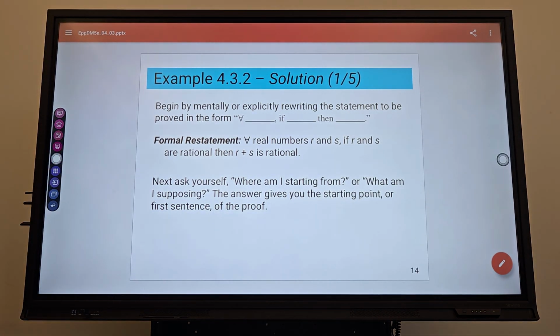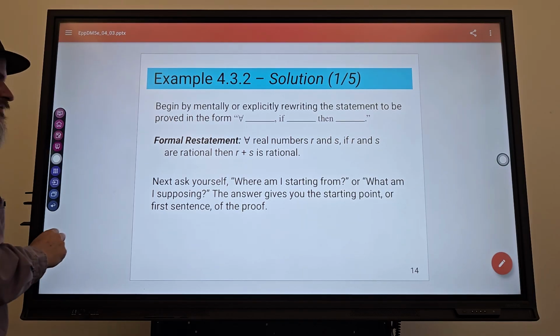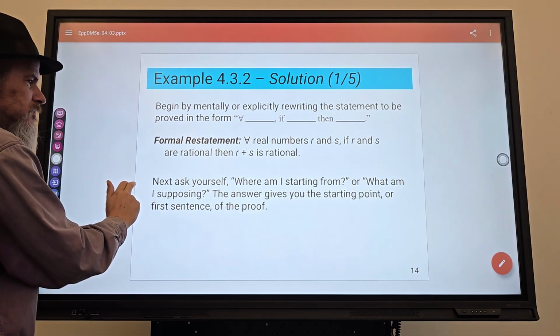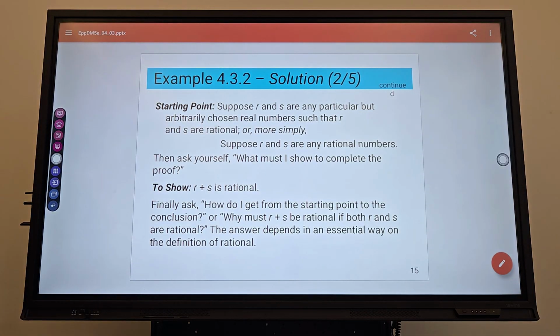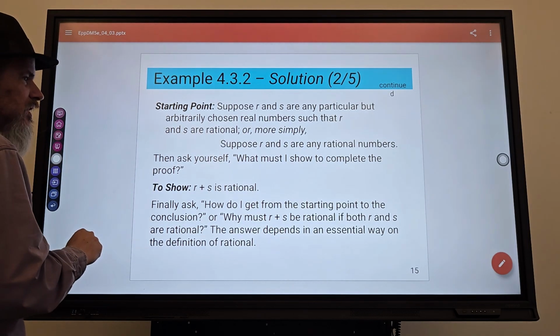Formal restatement. Where am I starting from? What am I supposing? Then to show r plus s is rational. I used m and n, but whatever.